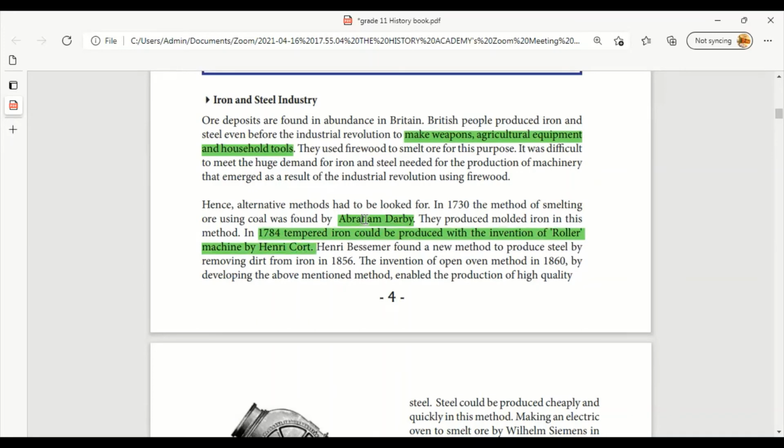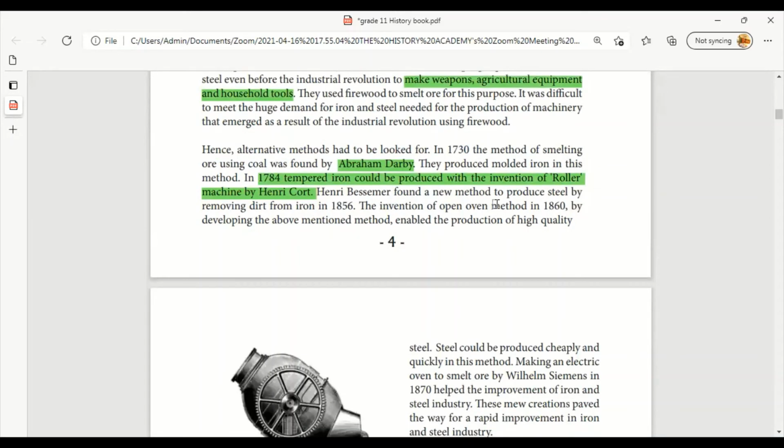So Abraham Darby used coal to smelt, and then with the invention of the roller machine in 1784, tempered iron could be produced. And then Henry Bessemer found a new method to produce steel by removing dirt from iron.